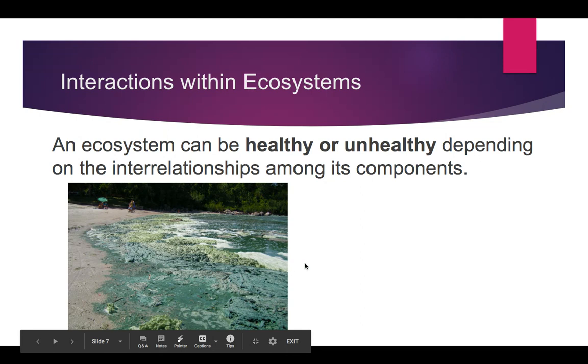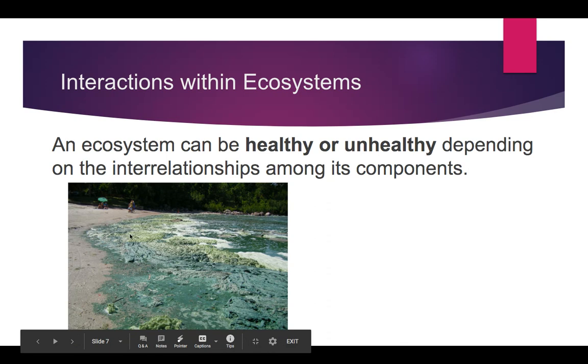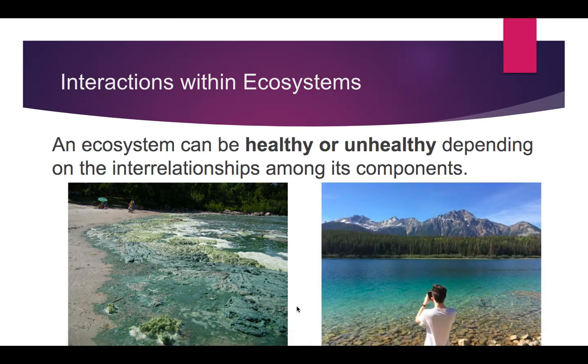And that is an indicator of an unhealthy ecosystem. Something is not in balance there. And we're actually going to talk about this a little bit later on in our unit. But it also is very evident that this is an unhealthy ecosystem compared to the bright, crystal clear lakes that you see in all those Instagram photos.